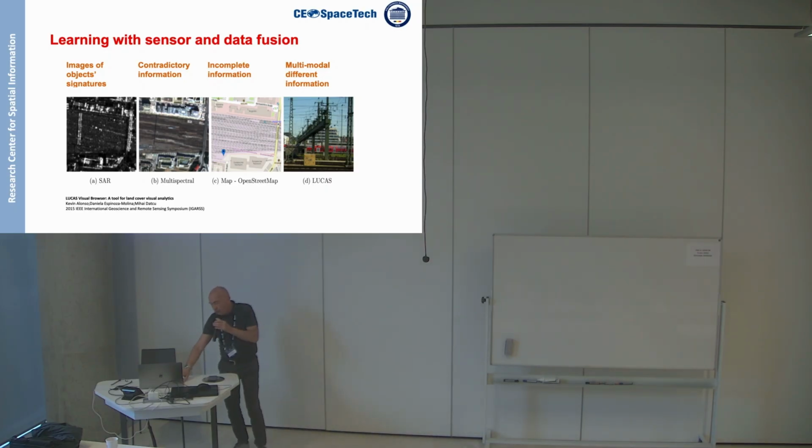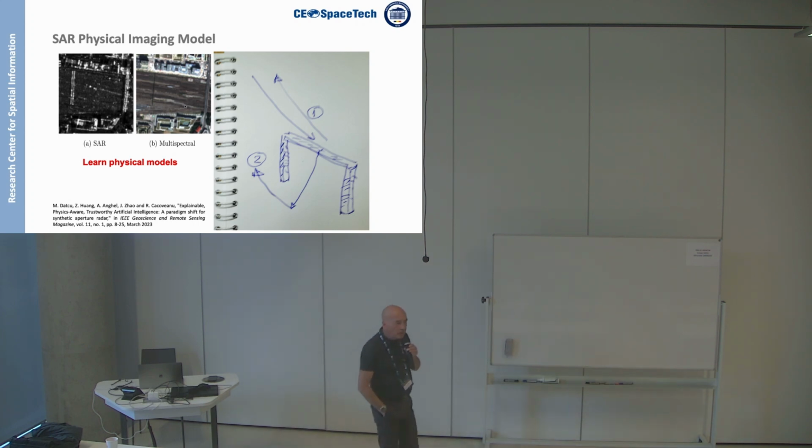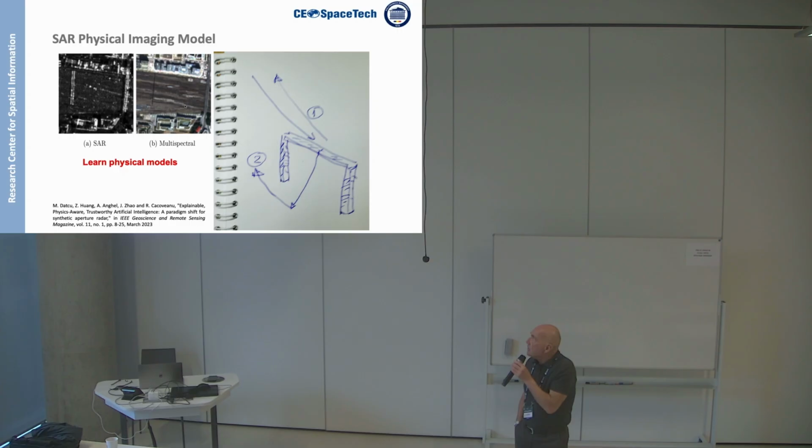Or if we have a single sensor that is physics aware, we need a machine learning which is not learning in the SAR image. We should not learn similarity in between the image objects, the two parallel bright lines. We need to learn actually how this was generated.